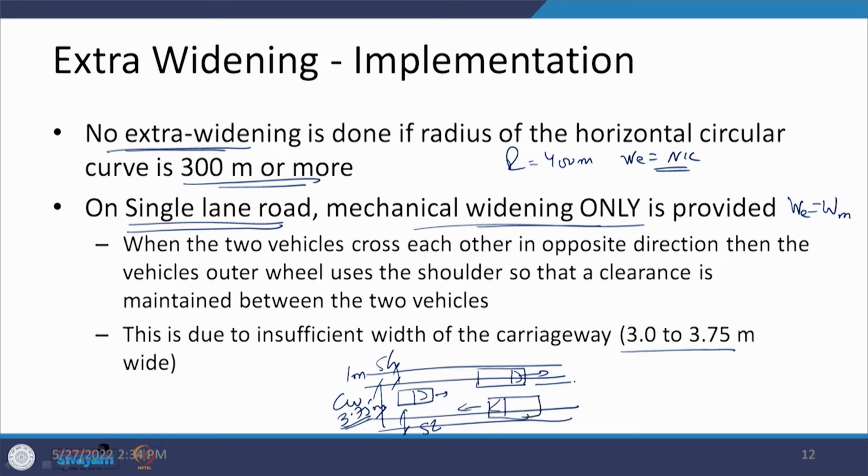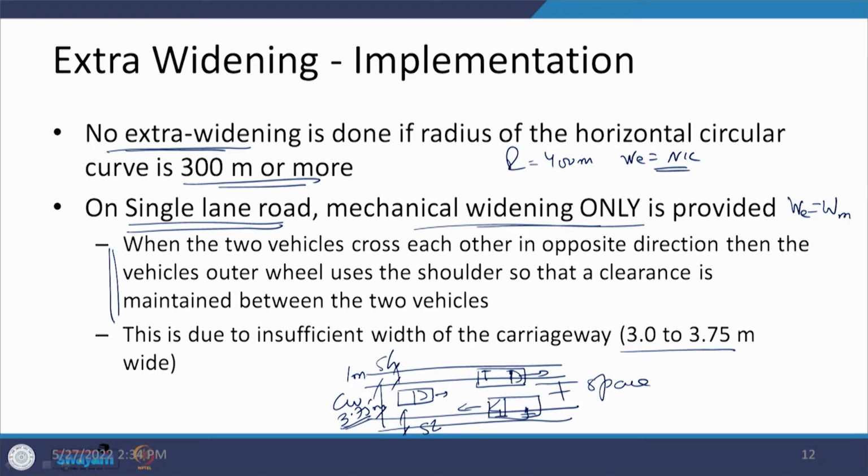They are going to maintain some space here, which is a sort of buffer space or clearance, but at the same time this outer wheel is going to take a location on the shoulder. Without this, these two vehicles cannot cross each other. So, that is a problem.